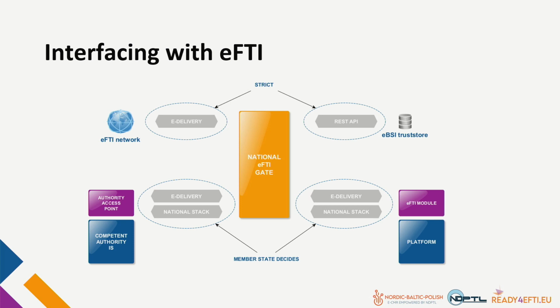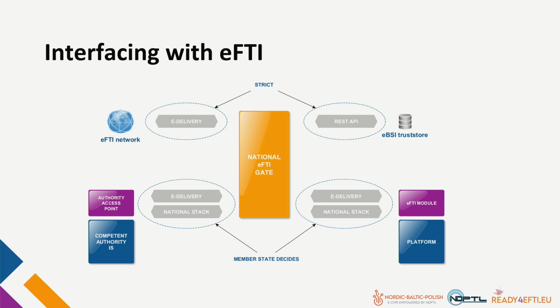Probably every member state already has its competent authority information systems in place, but now as we launch the FT, there will be new functionality available, and this of course has to be implemented on this blue box, the competent authority information system.